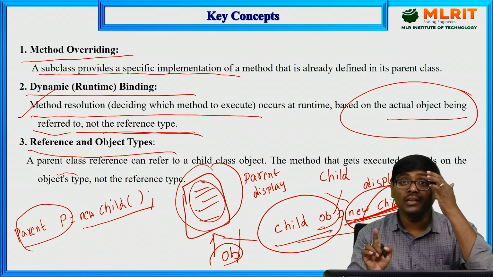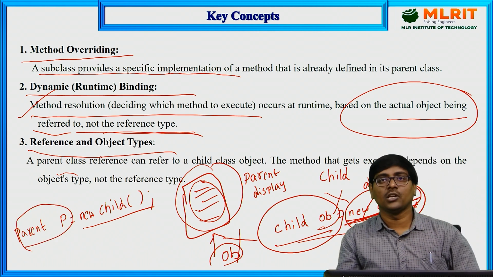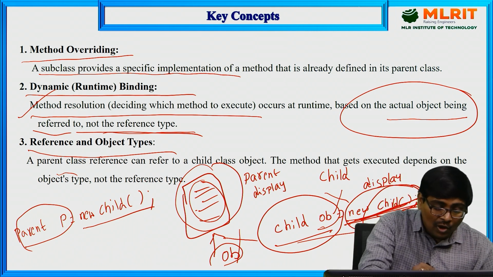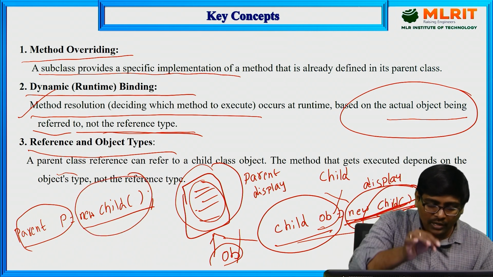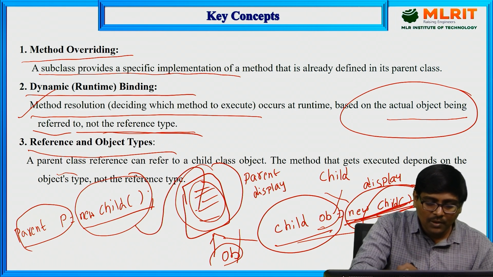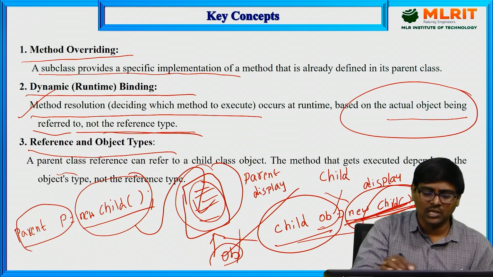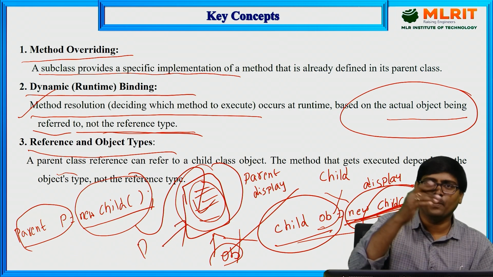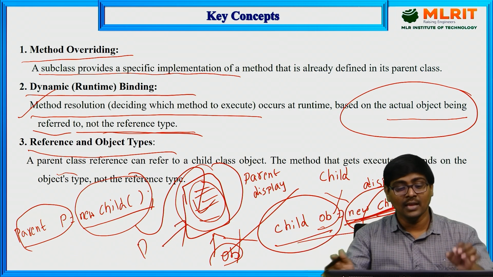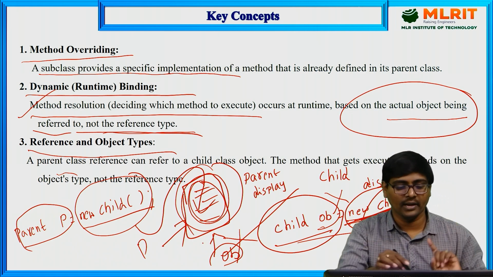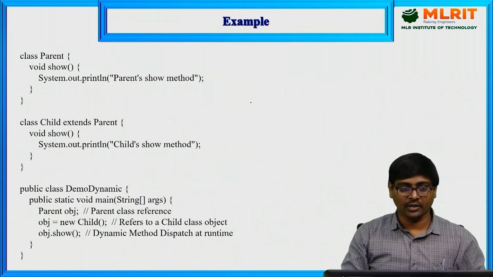Now which method is executed, the parent method or the child method? Again the same thing, the child method. Why? Once this is executed, all the instance members are loaded inside the memory. Whether you refer to it using ob, or using the parent reference, or anything else, the things that are placed inside the memory are executed. That is the most important thing.